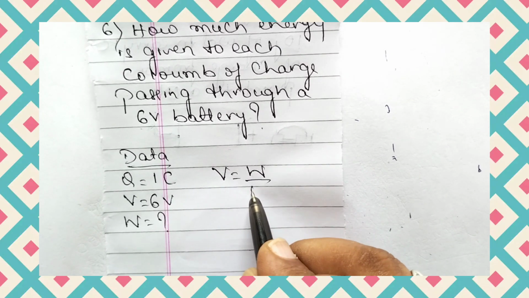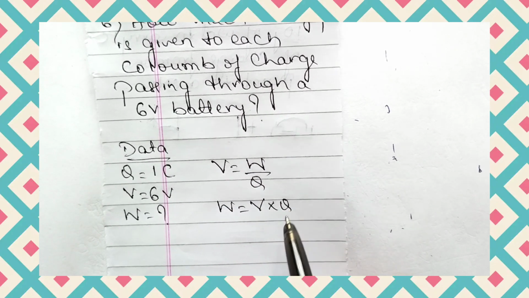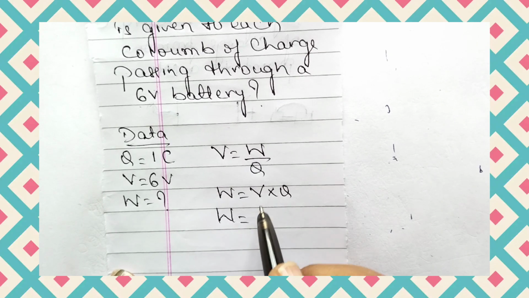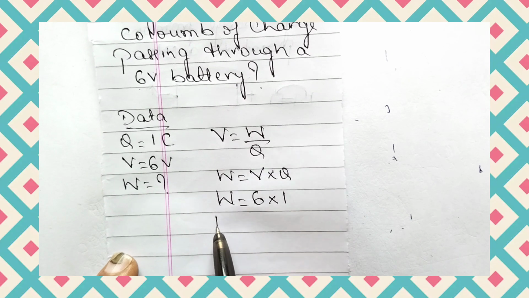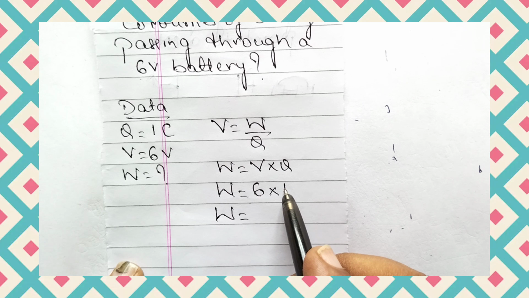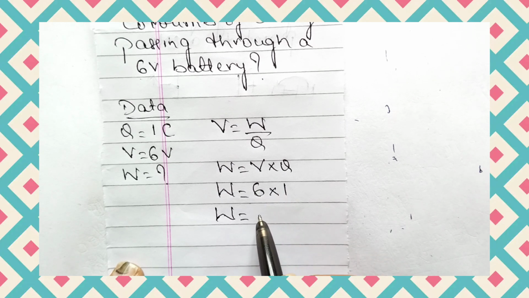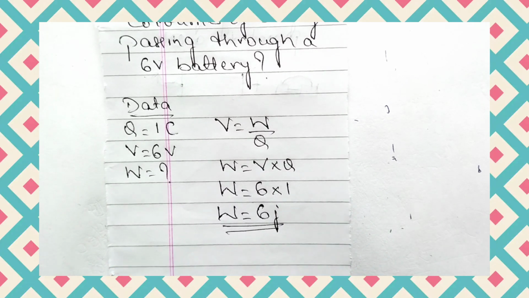V is equal to W by Q, or W is equal to V into Q. So W is equal to work done is equal to, potential difference is 6 and charge is 1. So work done or energy given to move 1 coulomb of charge when the potential difference is 6 volts is 1 6s are 6, so 6 joules. So 6 joule of work is done to move 1 coulomb of charge when the potential difference between the terminals is 6 volts. So like this we have to solve question number 6.